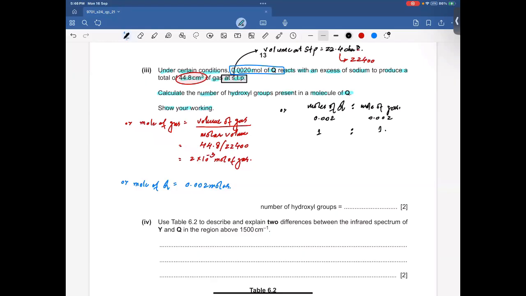So let's suppose Q has an OH group. It is reacting with sodium metal in excess amount, converting into RONa plus hydrogen gas. If it's 1 mole, obviously it's going to be half, so if it is 1 mole, it is going to be 0.5 moles of hydrogen.